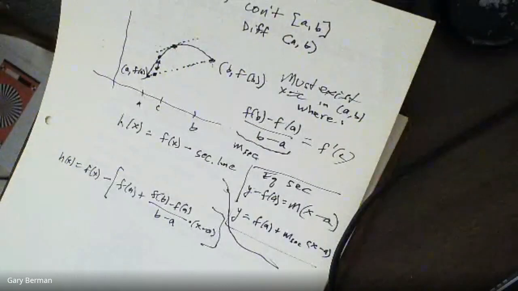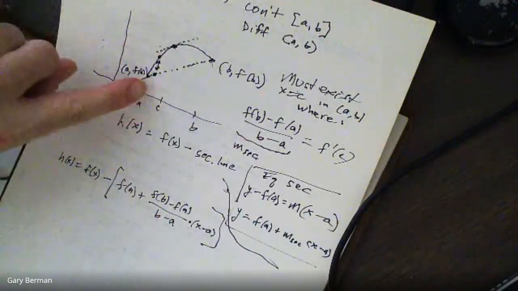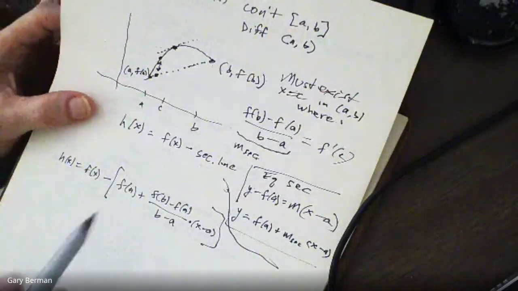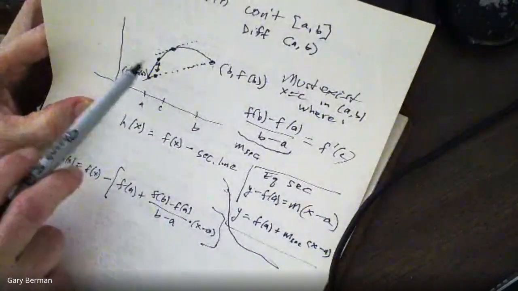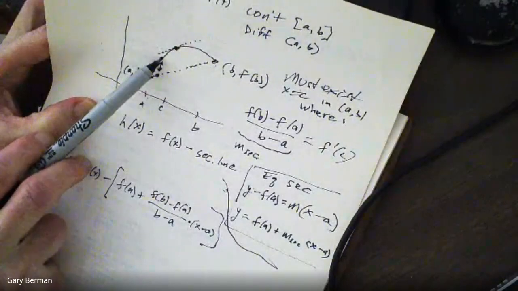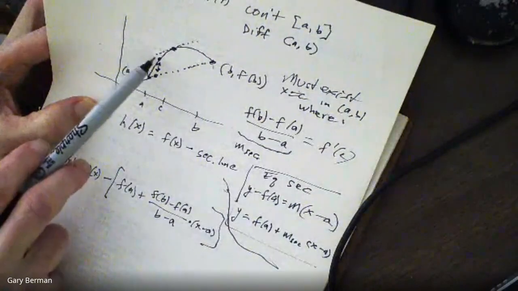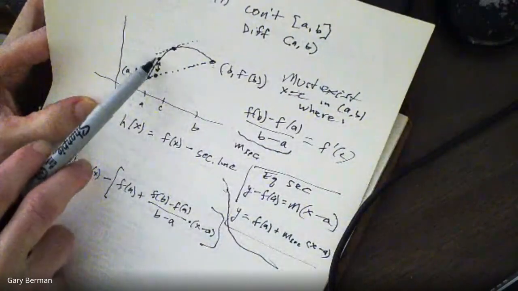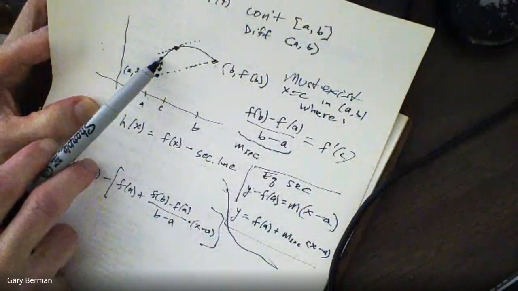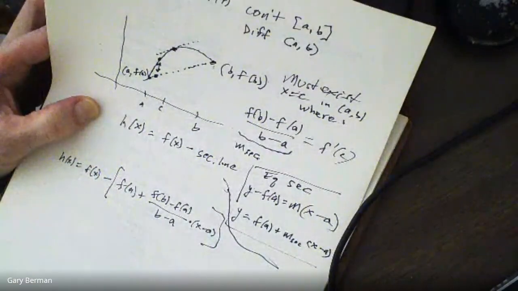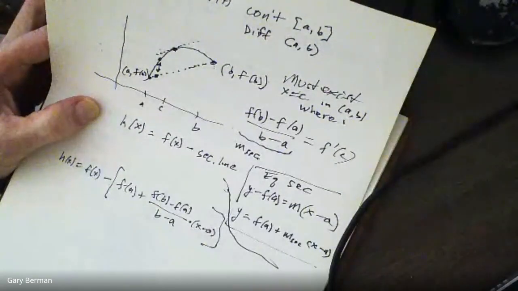The geometric interpretation of the function h of x is it represents the distance between the curve and the straight line. Pick any point x. The y value for the function is up here. The y value for the straight line is there. If I subtract the y value for the straight line from the y value on the curve, I get the distance between the straight line and the curve at that point. Okay. Got it? Everyone see that?